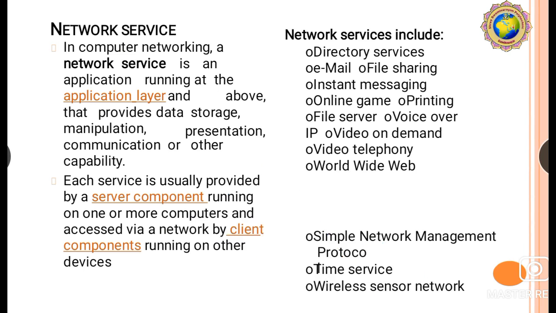Okay. Next, network service. So in computer networking, a network service is an application running at the application layer and above that provides data storage, manipulation, presentation, communication or other capability. So each service is usually provided by a server component running on one or more computers and accessed via network by client components running on other devices. So which types of services are included in a network?